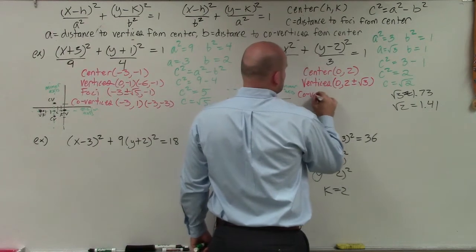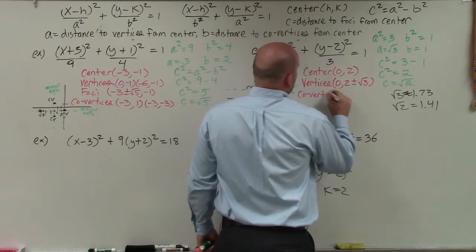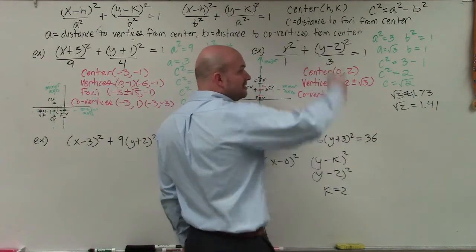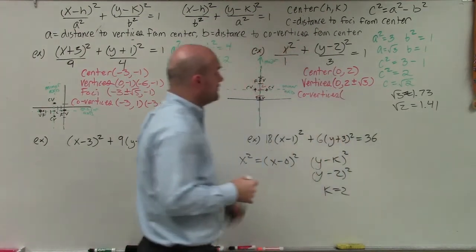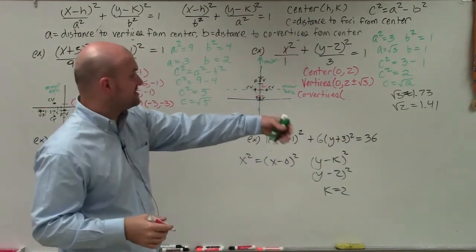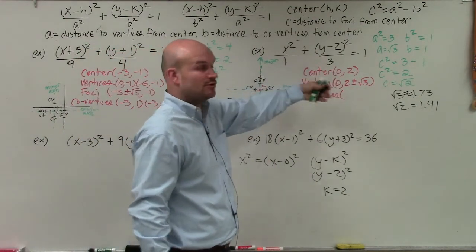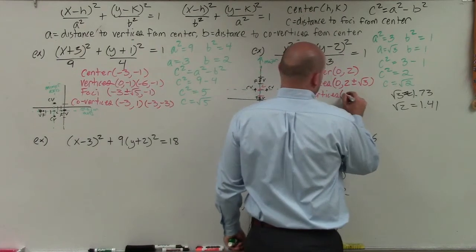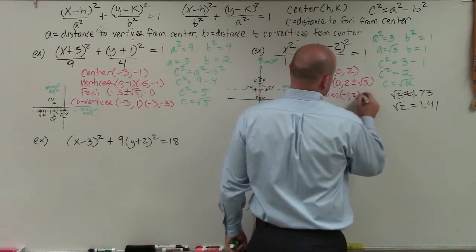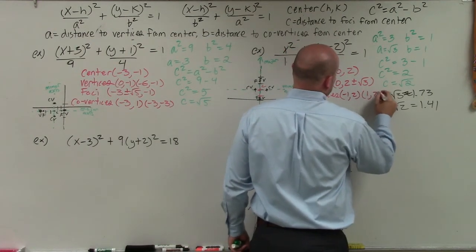My co-vertices, I'm sorry, my vertices, oh, I guess I did say co-vertices. OK, co-vertices are going left and right from the center. So if the center is at 0, we're going left 1 and right 1. The y-coordinate still remains the same. So that's going to be negative 1, 2, and positive 1, 2.